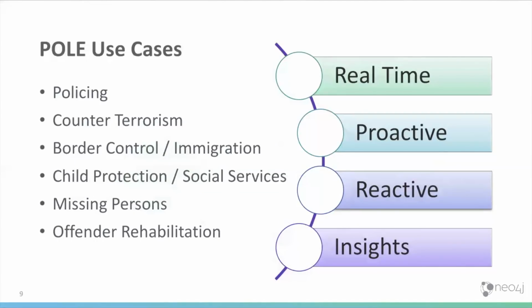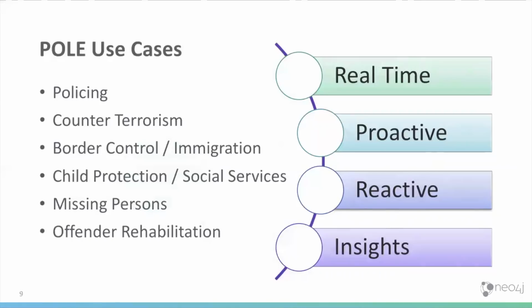Missing persons, or even offender rehabilitation. If you have someone who's coming out of the justice system back into the wider world, maybe you want to help them to not reoffend, and so you need to understand if there are any people they shouldn't be associating with, any places they shouldn't be going, in order to help with their rehabilitation.